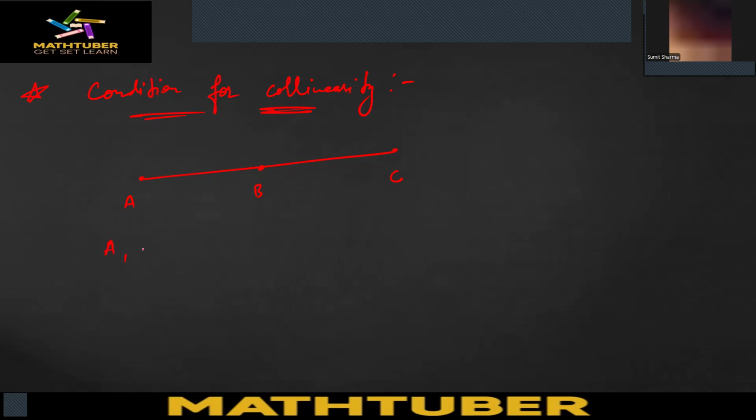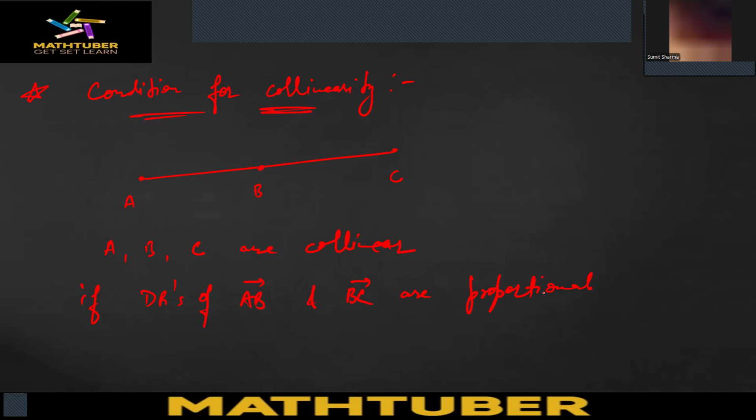So we can say that A, B, C are collinear if the direction ratios of the AB vector and BC vector are proportional. That's the only thing we have to do. We know how to find the direction ratios of the vector joining 2 points; we just have to prove that they are proportional.